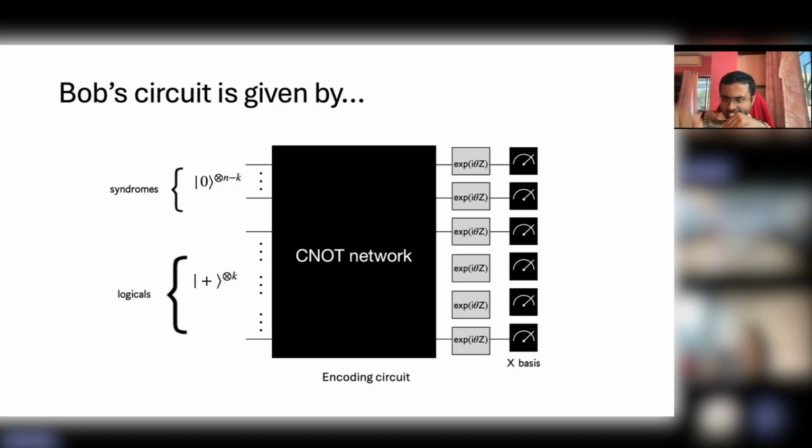And after this X basis measurement, you will have some outcome, some sequence of bits that you send back to Alice. Alice will use the knowledge that she has of her code to apply the linear transformation to segregate those samples into syndromes and logicals, and then verify whether the right syndrome maps to the right logicals.